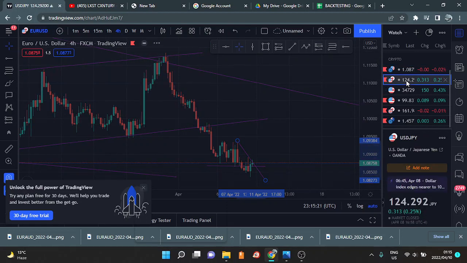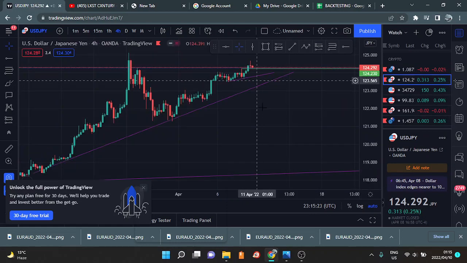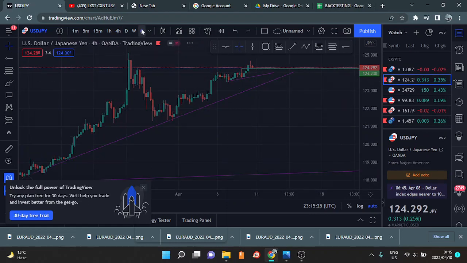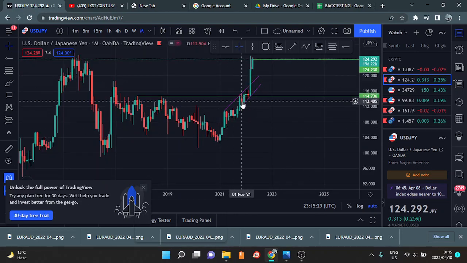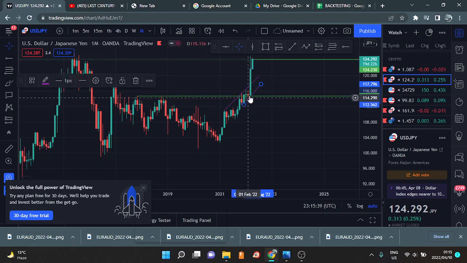Moving on to USDJPY, starting with the higher time frame. As you can see, the market has been pushing to the upside as it was creating higher lows here and higher low, push to the upside.